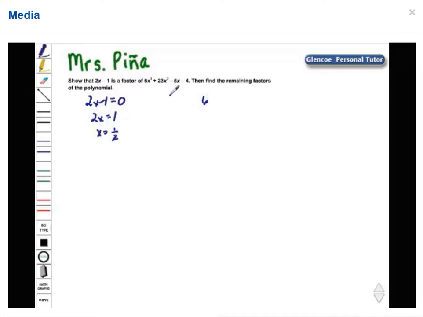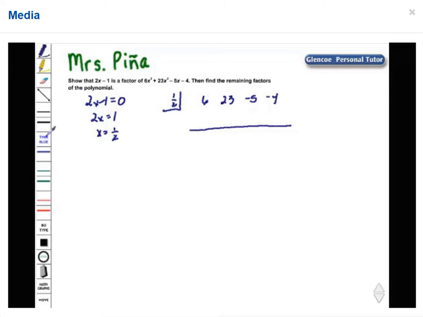I can put this value of 1/2 up in the box and take my coefficients and write those in descending order. X cubed coefficient is 6. X squared coefficient is 23. The x coefficient would be -5. And my constant term is -4. I'm going to do synthetic division and use 1/2 as my divisor.